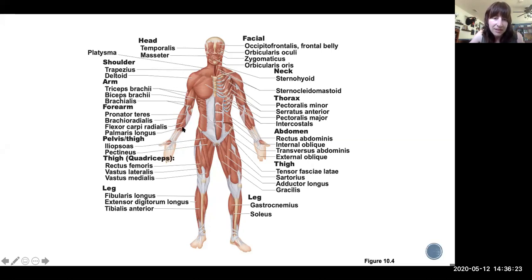And then the medial most muscle of the anterior side of your forearm is the Palmaris Longus, okay? And you can see, again, that this guy is associated with your wrist. It is a long muscle, hence longus, right?